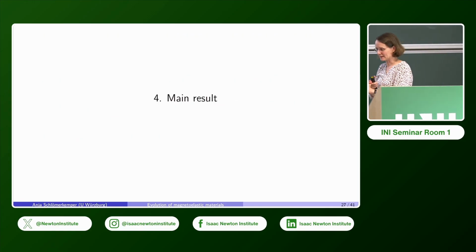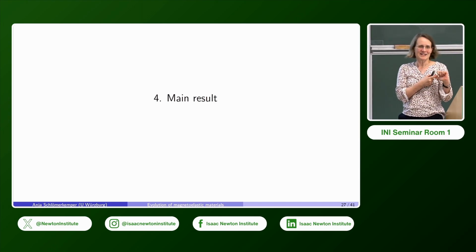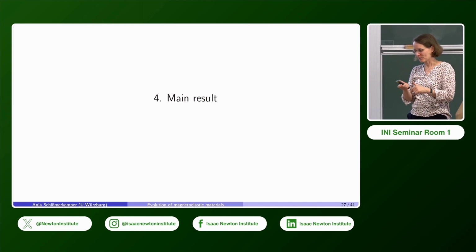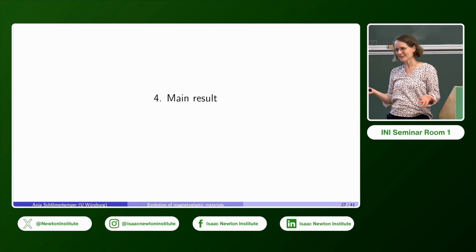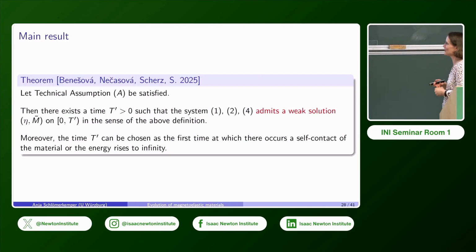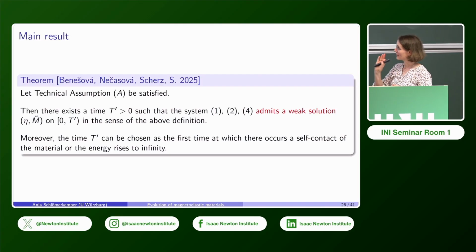However, we now have the definition of the weak solution, and now I want to give you the existence result about the weak solutions. So let the technical assumption A be satisfied.